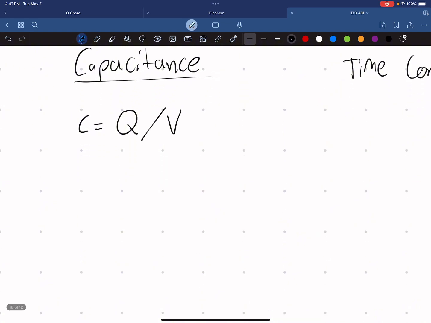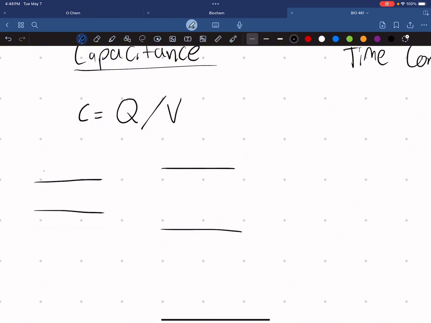So to kind of explain this equation a little better, I'll draw two membranes here to kind of show the separation of charges. And so if this right here is representative of the positive on the outside and the negative on the inside, this right here is the distance between these charges.